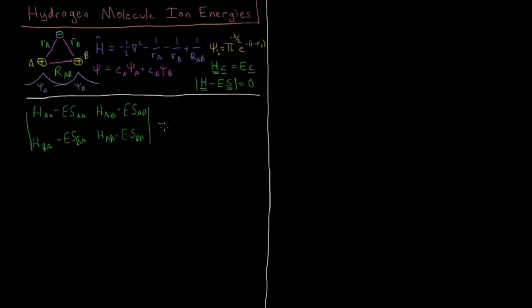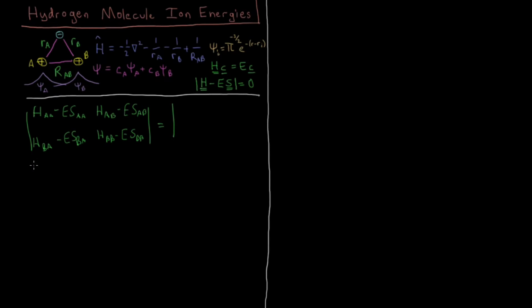And that's going to be equal to 0. But we can also make several other simplifications. So these H and S integrals are just the integral of psi star A, H psi A, the Hamiltonian, psi star B, H psi B, etc. And then these overlap elements are just the integral of psi star A, psi B, psi star B, psi A, etc. So we actually can make some simplifications.